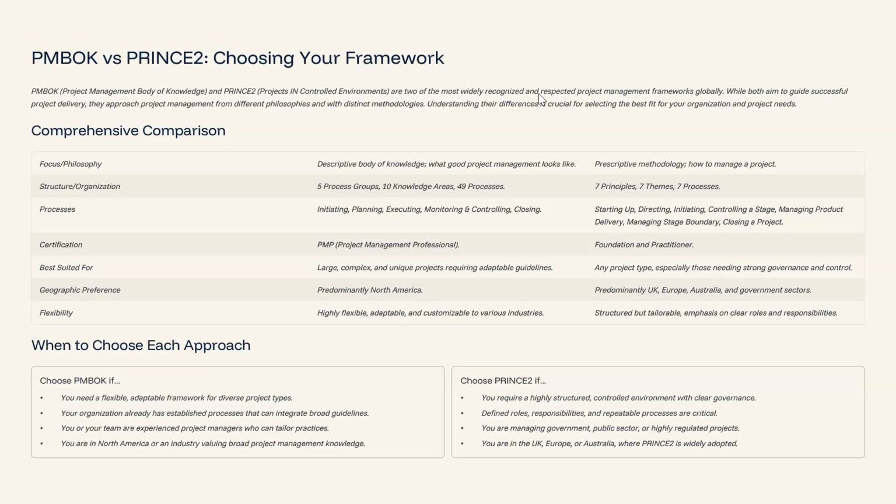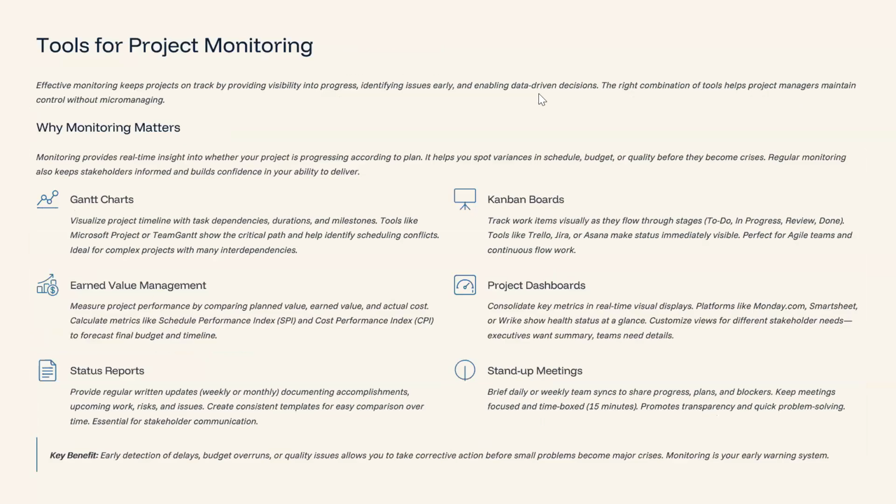So these are some of the frameworks that an organization can adopt. I can say, okay, my organization adopts PMBOK or is adopting Prince 2. In essence, you can choose any of the frameworks which works for you, and adopt it within your organization.